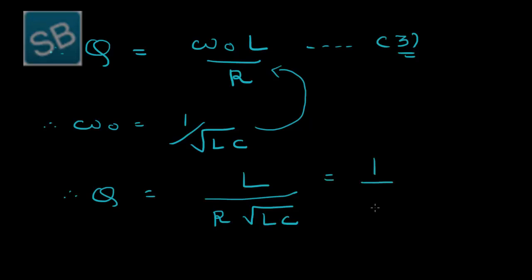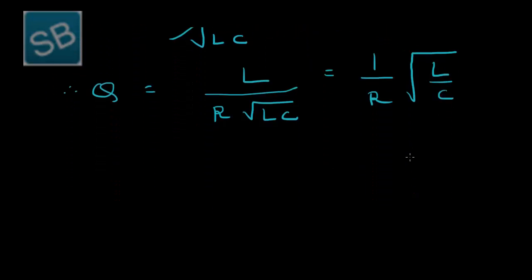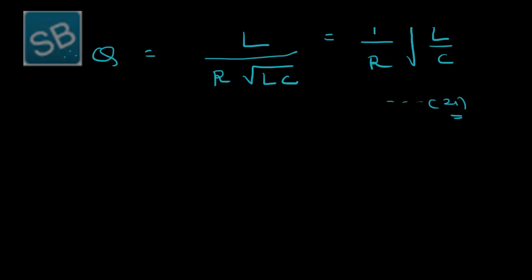So the final answer will be Q equals 1 over R under root of L by C. So the Q factor can now be determined with this equation by just knowing the components of the LCR circuit and their measured values. Now, the Q factor depends on what? So it is now very easy to understand from this equation. The value of Q factor depends on the measurement of circuit components.